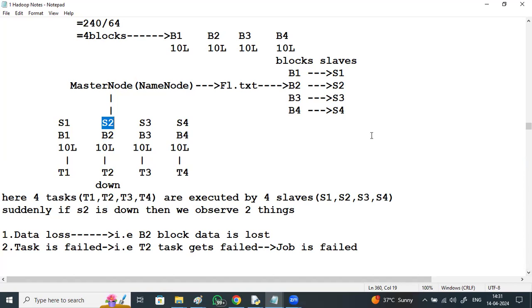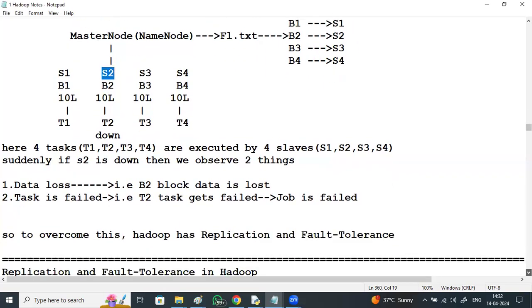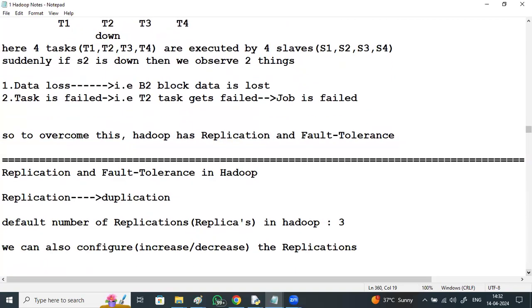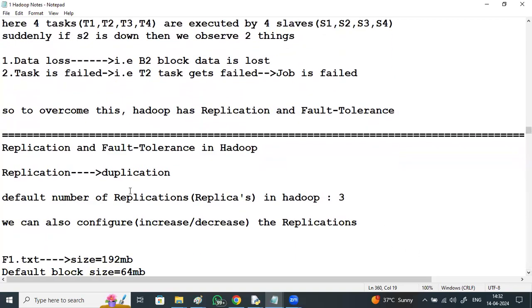What is that? Replication and fault tolerance. What do you mean by replication and fault tolerance? To overcome this, Hadoop uses replication and fault tolerance. Replication means duplication. Duplication of what? The file or the blocks. The default number of replications, or replicas, in Hadoop is 3.